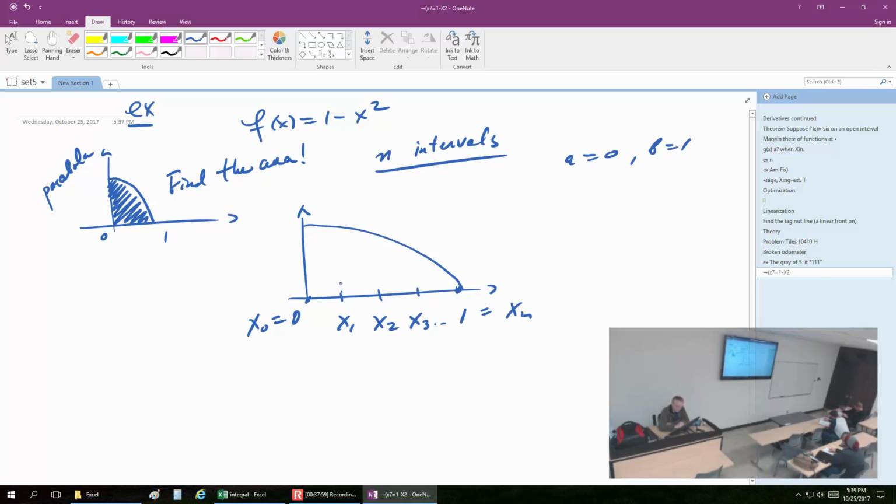Okay, then I sample. This time I'm going to pick these like this.